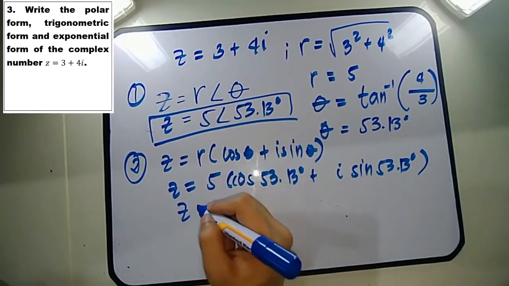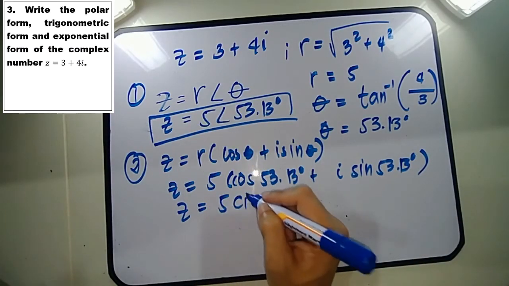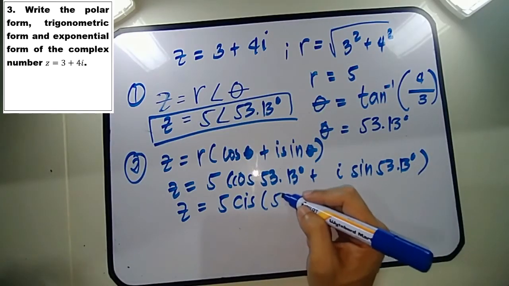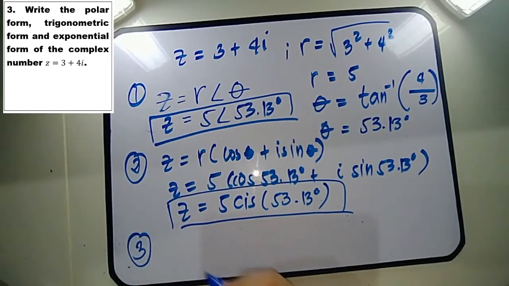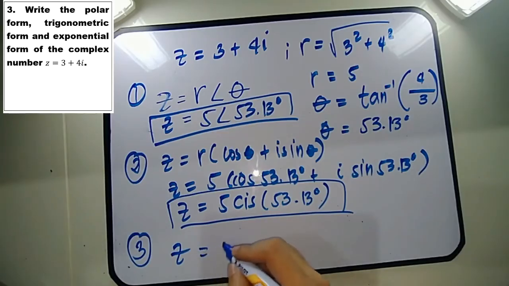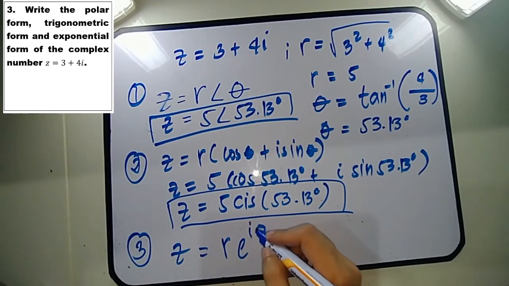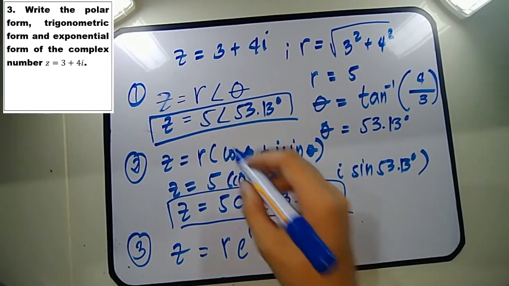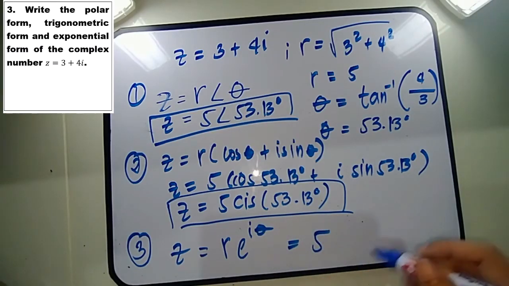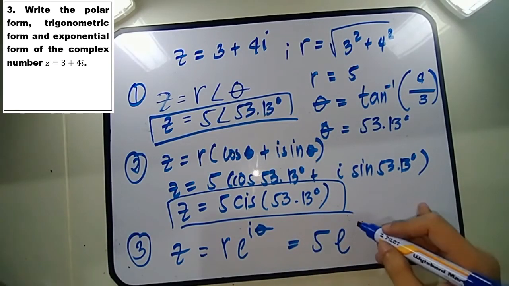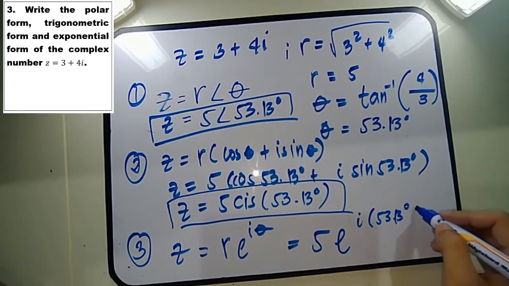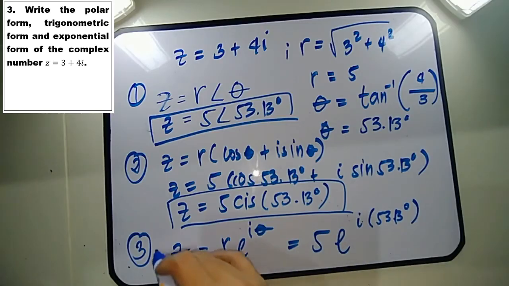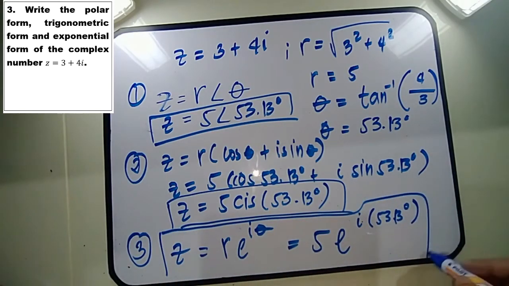Or we can also use r cis theta, so 5 cis 53.13 degrees. Then the last form we have here is the exponential form. So z equals r e raised to i theta, or we have here r is 5, so e raised to i theta is 53.13 degrees. So these are our final answers.